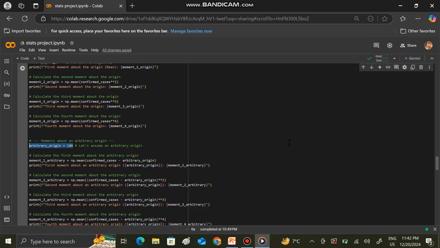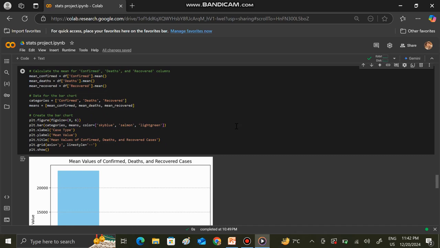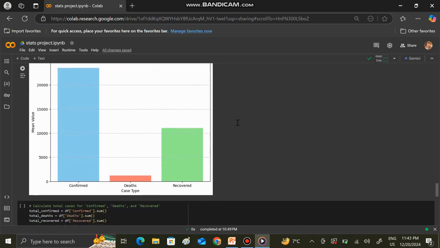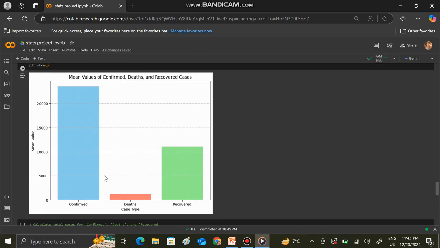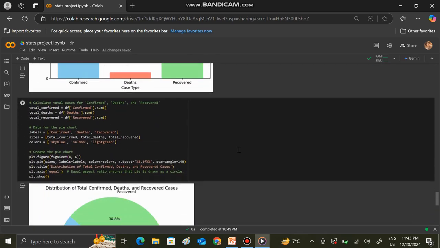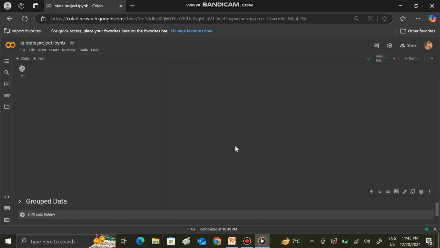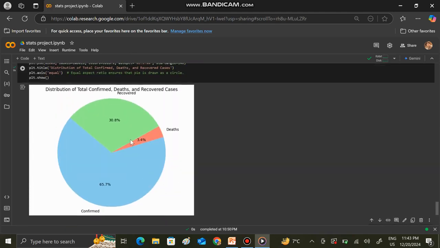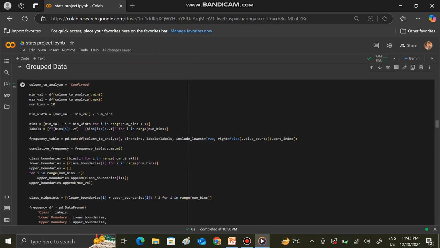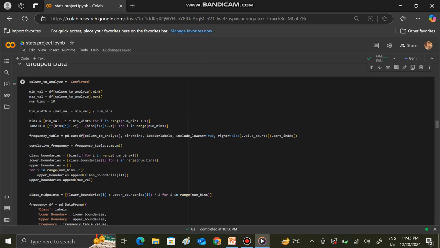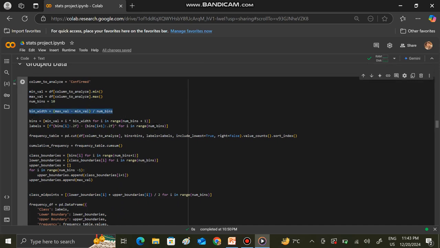Now we are going to plot confirmed deaths and recovered cases for the bar chart so we can visualize and so it would be easier to understand. Similarly, plotting pie graph. Now repeating all of these steps for grouped data, but first we will convert the ungrouped data into grouped data by creating an algorithm which determines bins and bin width.